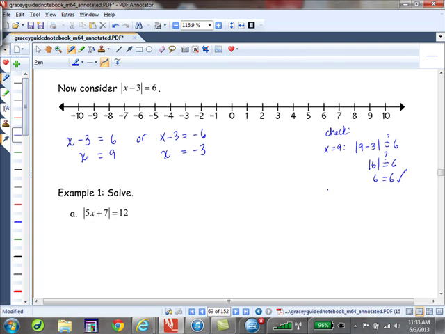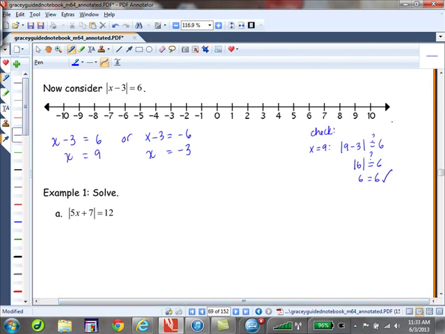And then similarly, if you're checking x equal to negative 3, we would have the absolute value of negative 3 minus 3. Is that equal to 6?